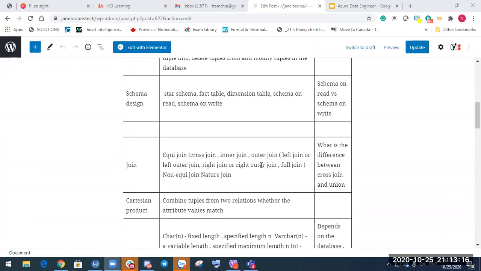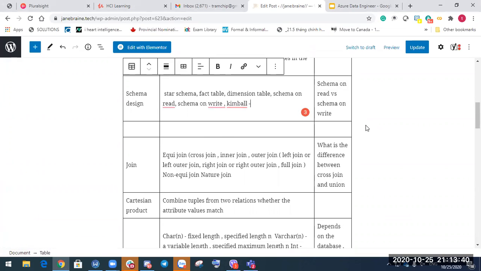Another concept that I want to mention about schema and database is Kimball. Let me remember the formal name on that. Kimball style relational. This is also a very important concept in data architecture.